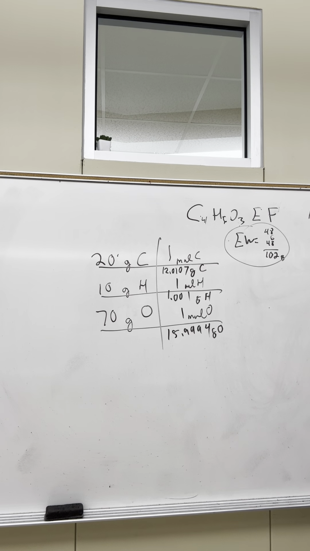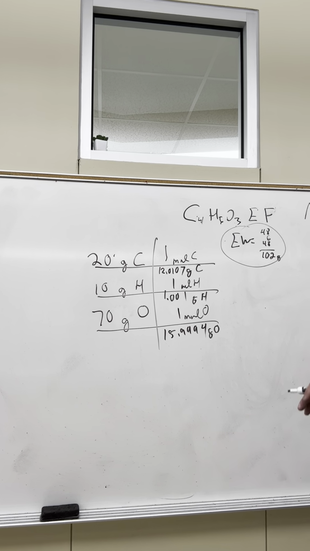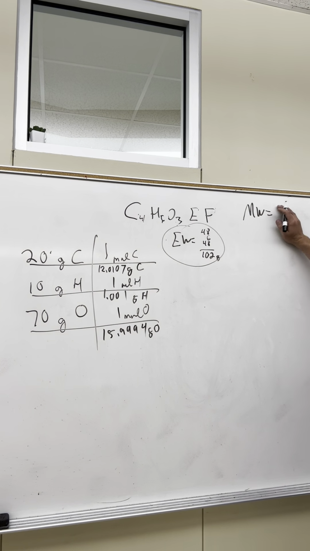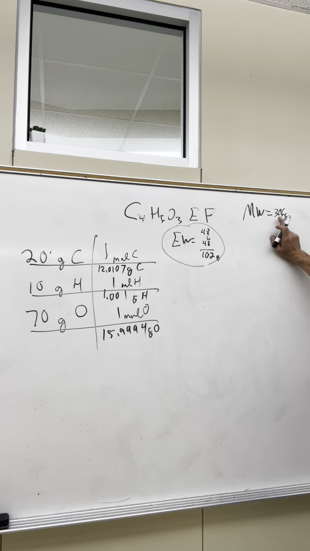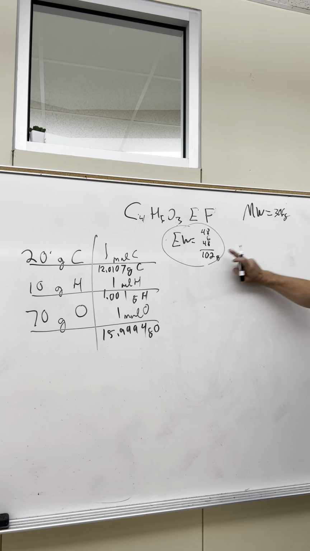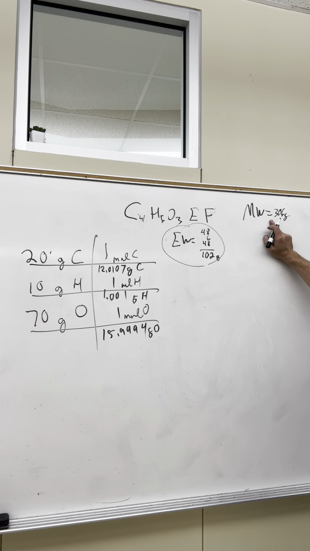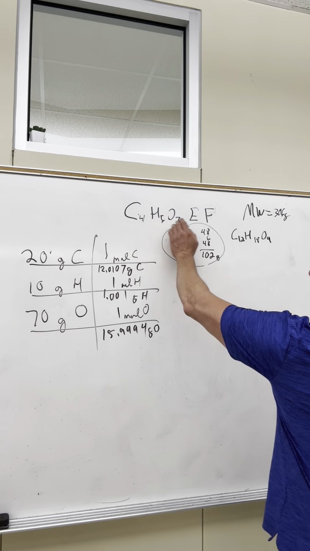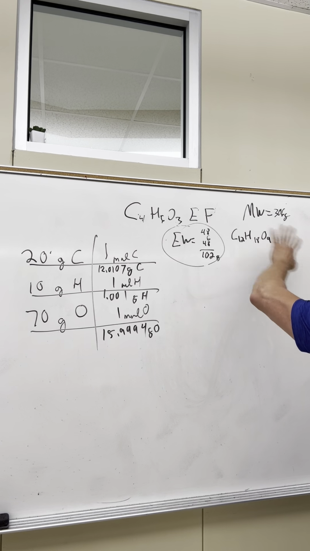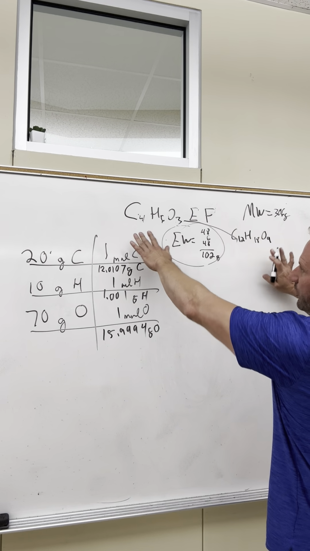If they had told me that the actual weight of the molecule was 306 grams, well, then I take my empirical weight and figure out how many times I need to get there to my molecular weight. That, of course, would be multiply that by 3. So that means my actual formula would be C12H18O9. And you see, as long as I keep the same ratios there, a 4 to 6 to a 3, a 12 and 18 to a 9, then these guys are legitimate with each other.